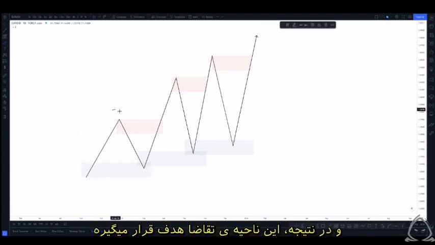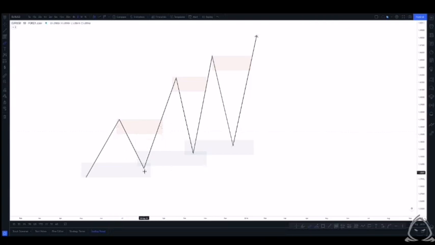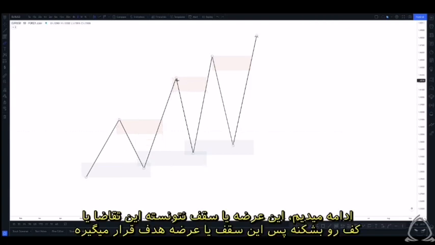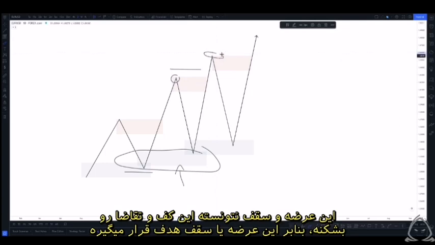As a result, the supply zone is targeted. We keep moving on. This supply zone or high failed to take out this demand zone or low. Therefore, this high or supply zone would be targeted. This supply zone and this high failed to take out this low and this demand zone. Therefore, this supply zone and this high is targeted.